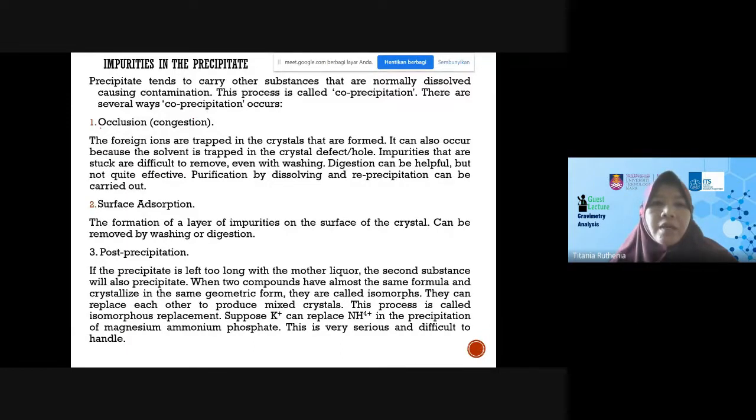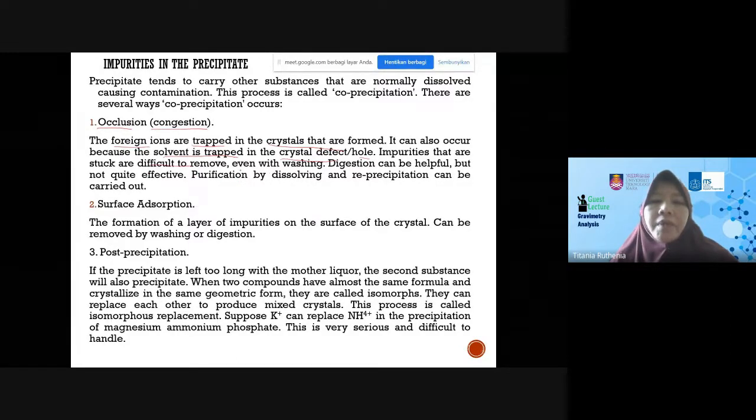The first one is occlusion or congestion. So in this way, the foreign ions are trapped in the crystal that is formed. It can also occur because the solvent is trapped in the crystal defect or hole. And these conditions are difficult to remove even with washing.